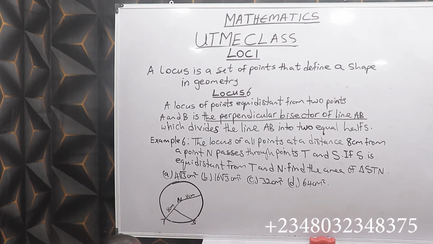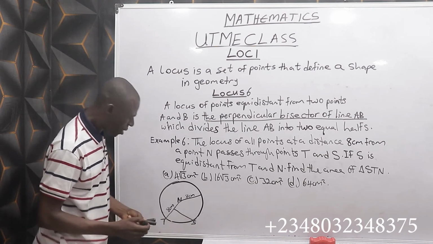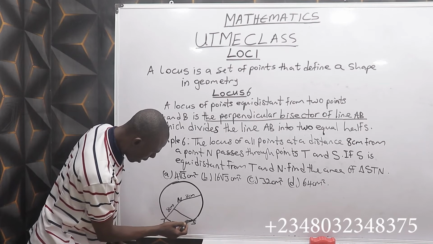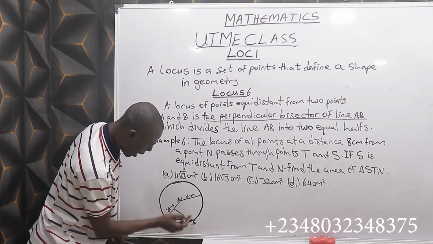Find the area of triangle STN. So we can see that there is a triangle here, ST. Let me trace it. STN.